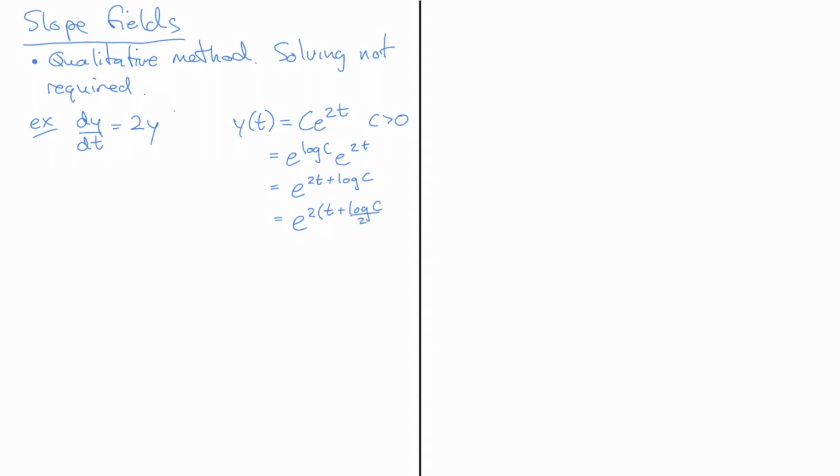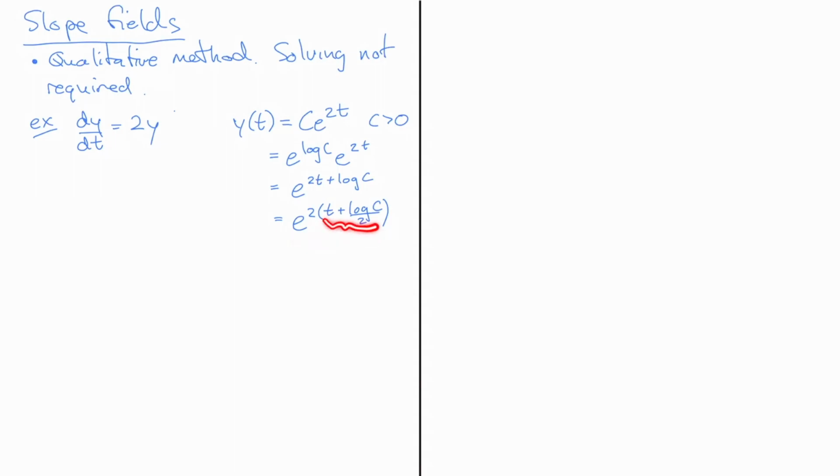And what this shows is that instead of thinking of all these solutions as being vertical scalar multiples of one another, where you get multiplied by 2, multiplied by 3, every exponential function is a horizontal shift of another. So every one of the solutions is a horizontal shift, right?